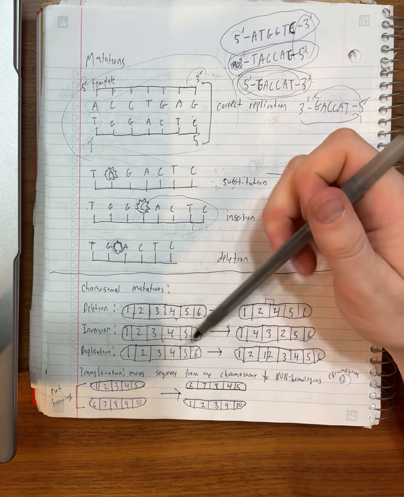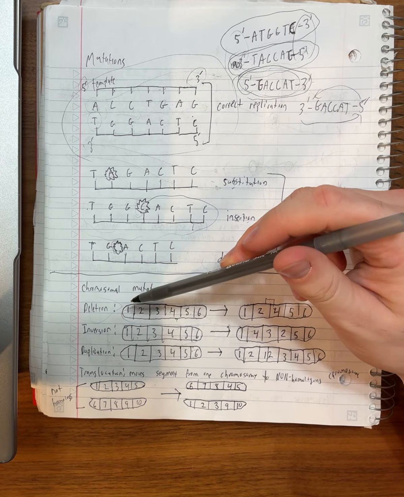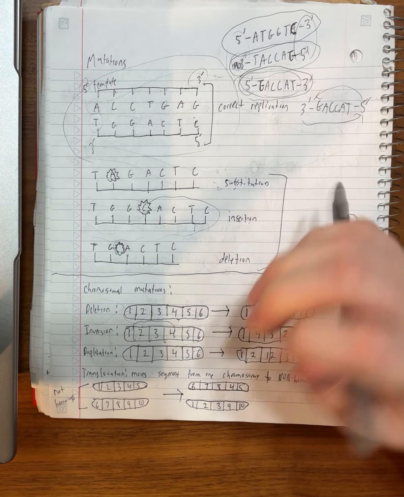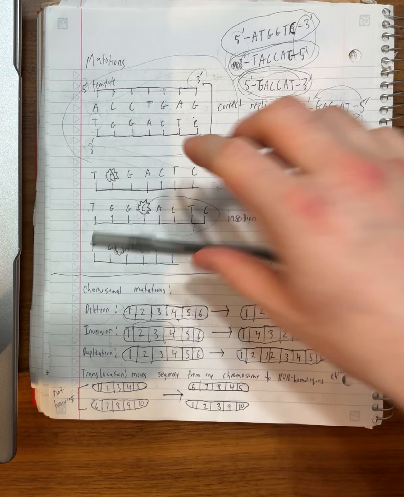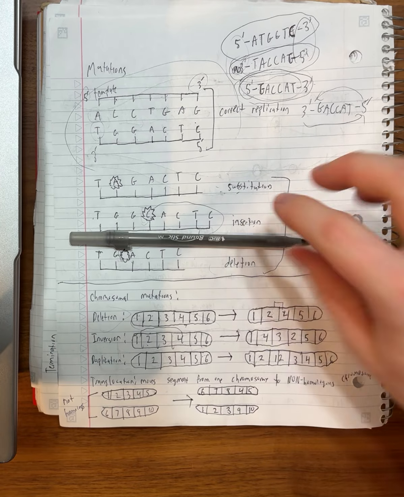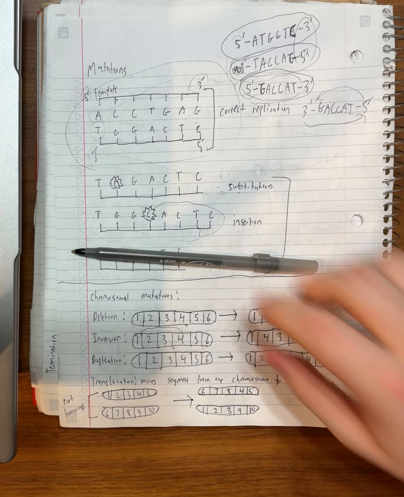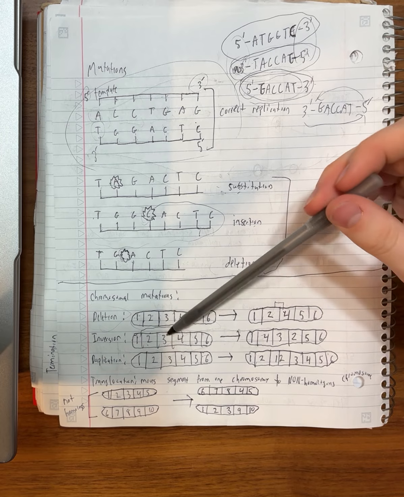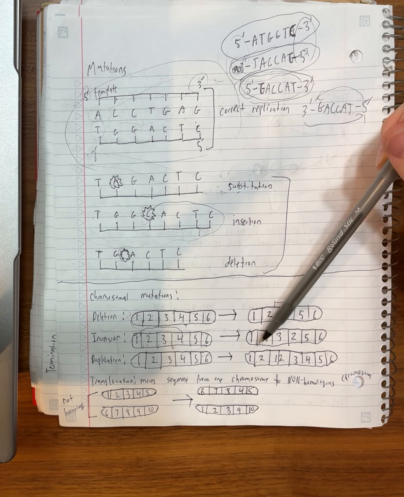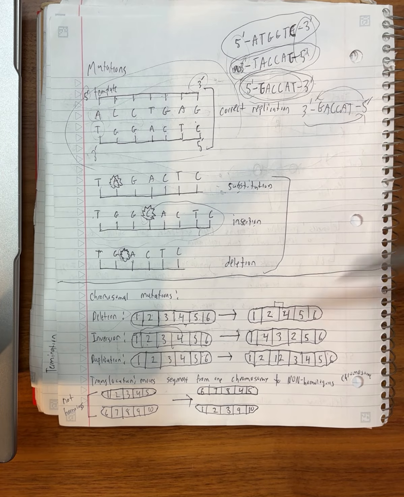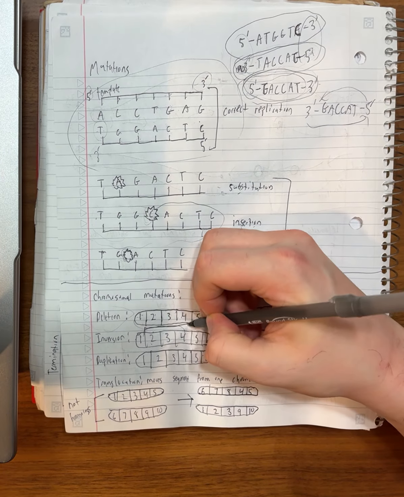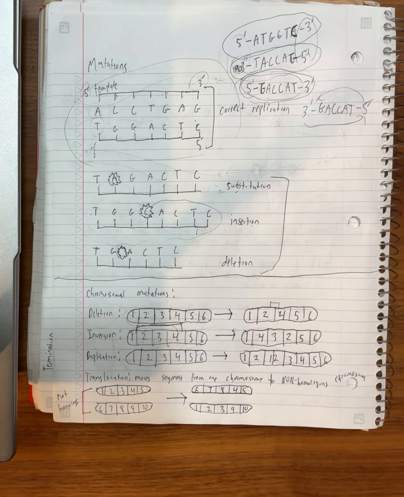An inversion means we take a portion of this chromosome and we turn it on its head. So instead of my pen going this way, we take it out, we flip it, we put it back in. And so that would be like this 1, 2, 3, 4, 5, 6 going to 1, 4, 3, 2, 5, 6. So this 2 through 4 segment got inverted.